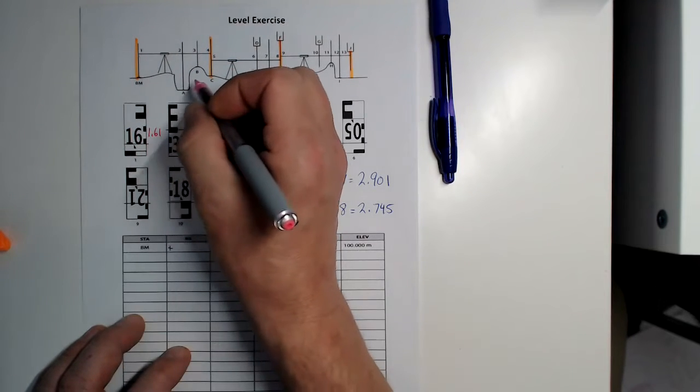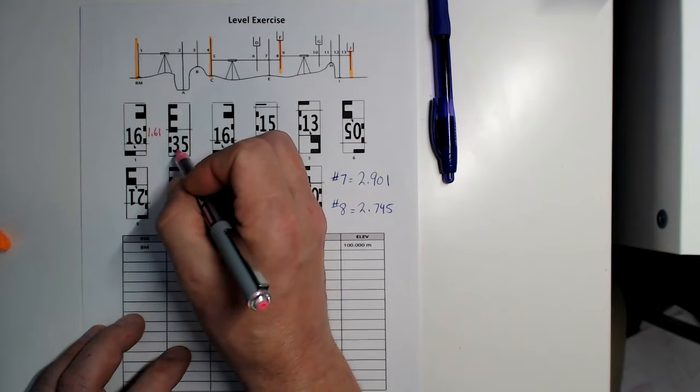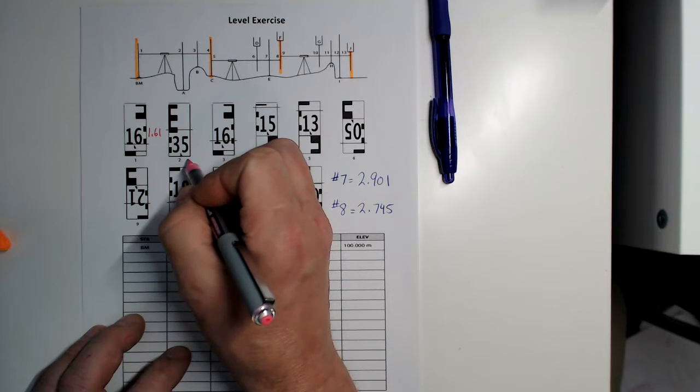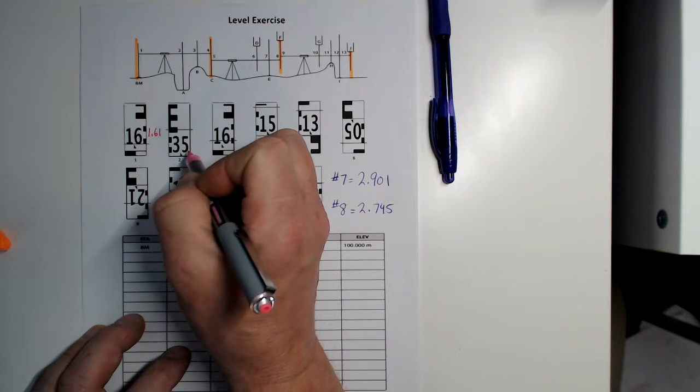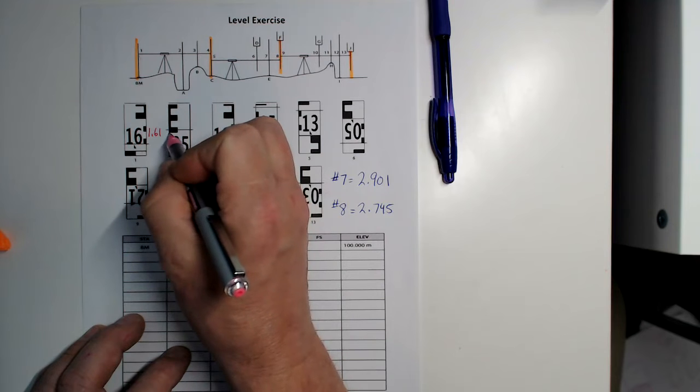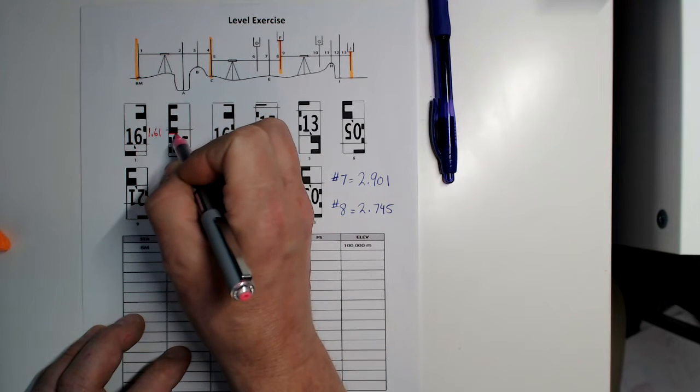Let's have a look at readings 2, 3, and 4. Here, the 3.5 line is just down here out of sight, and the 5 centimeter line is at the bottom of our big E or our big blocks.